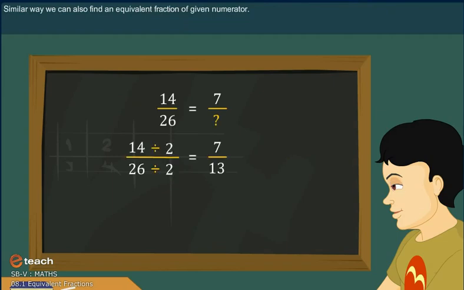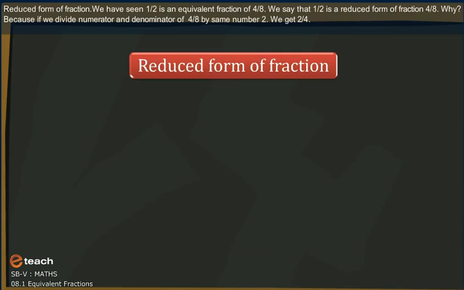In a similar way, we can also find an equivalent fraction of a given numerator. Reduced form of fraction. We have seen 1 by 2 is an equivalent fraction of 4 by 8. Now we say that 1 by 2 is the reduced form of fraction 4 by 8. Why so?